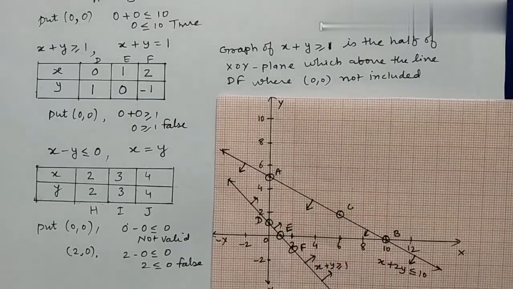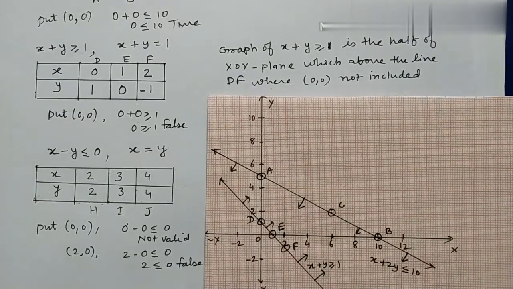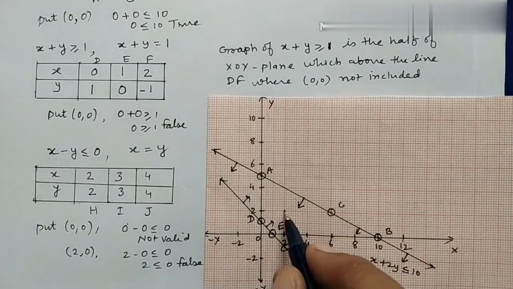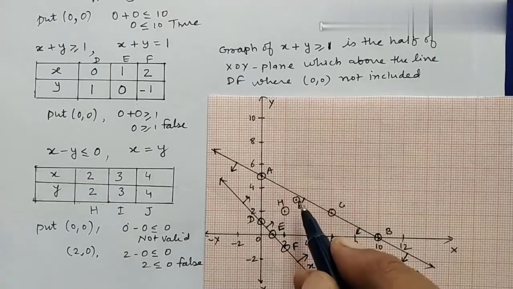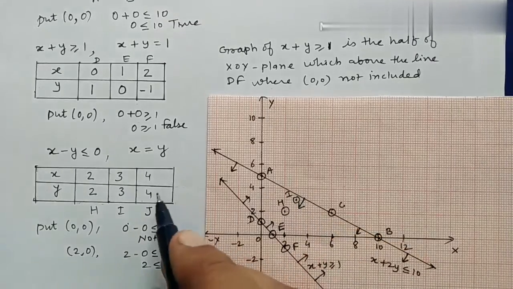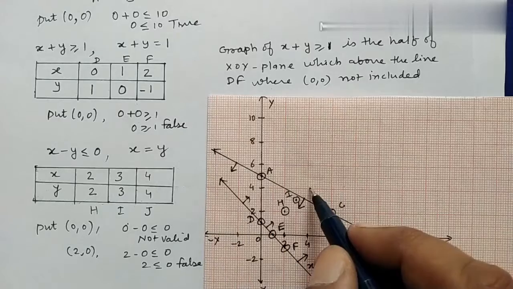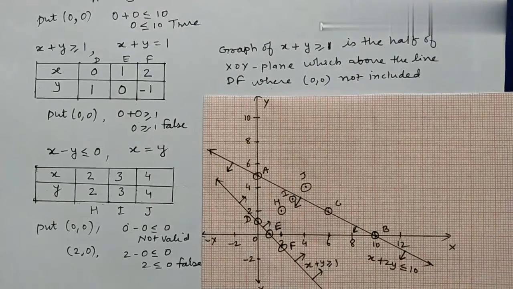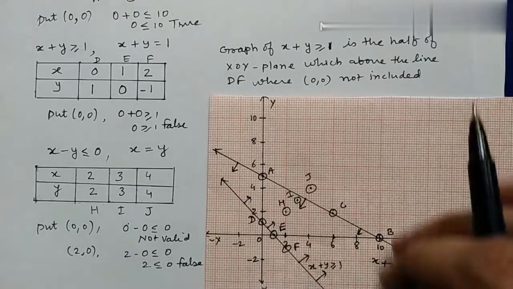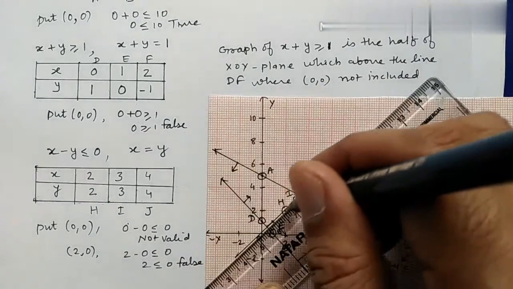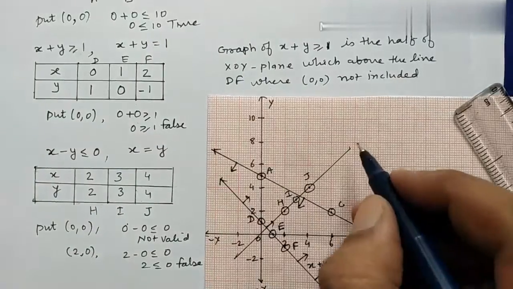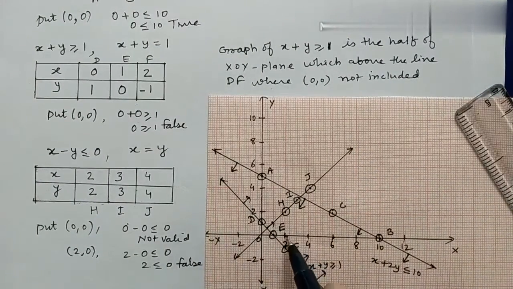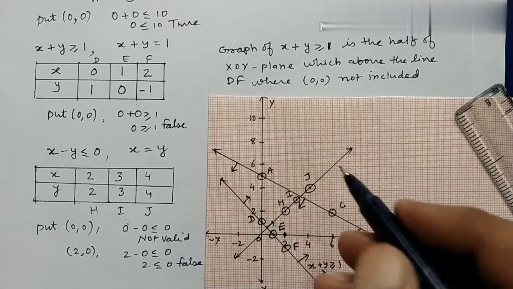So we will mark these points first. The first point is H, that is 2, 2, where x is 2 and y is 2. This point is 3, 3, the I point, and next is J, 4, 4. This is the J point. Now we will join all these points. So this is the inequality, and the point 2, 0 should not be included in the region we take.